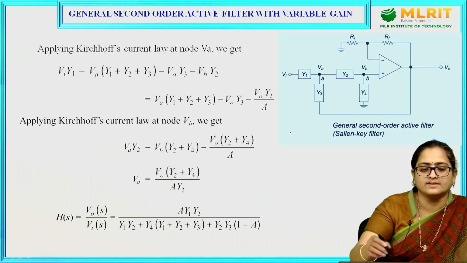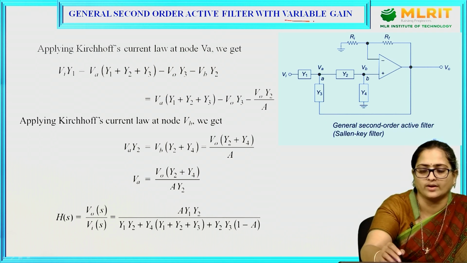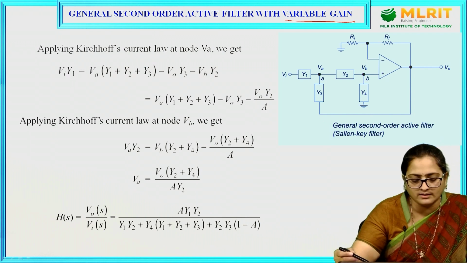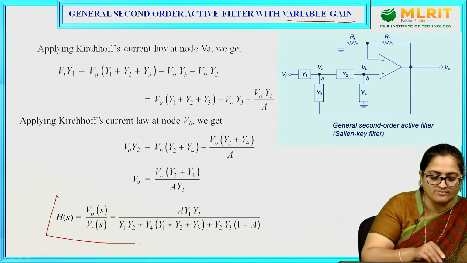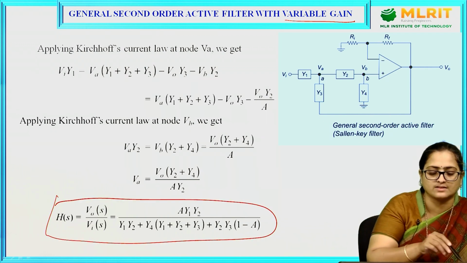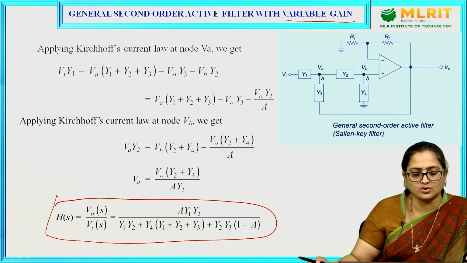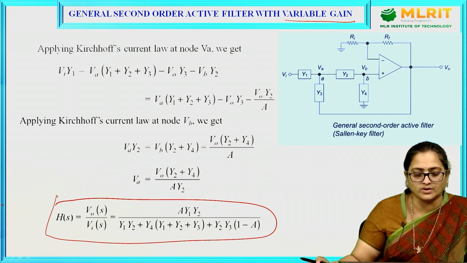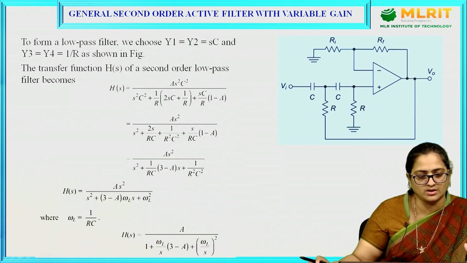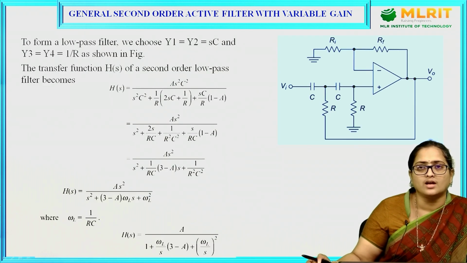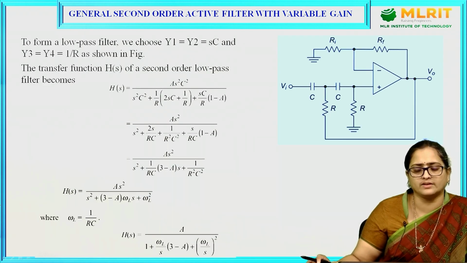Now, this is a second order active filter with a variable gain, and this transfer function was derived in the last equation. I am using the same expression here to derive the second order active filter with a variable gain.